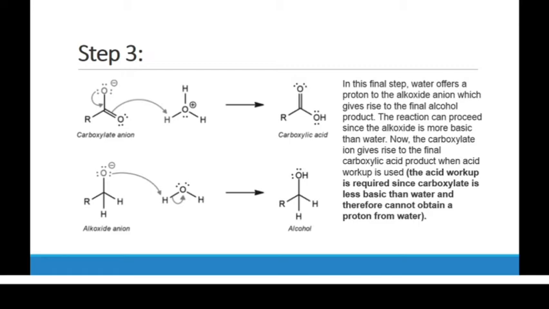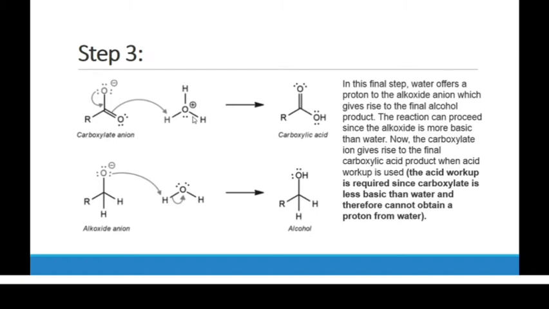You have to use some acid and provide some hydrogen ion to the water, because the carboxylate anion is less basic than water, so it cannot take a hydrogen ion from water. So you have to do an acid workup. You need hydronium ion from outside. And for the alcohol, the alkoxide ion is more basic than water, so it can take H from water. So this is the basic difference.